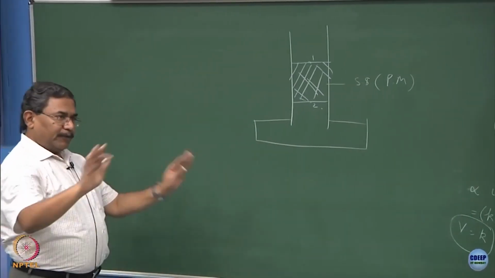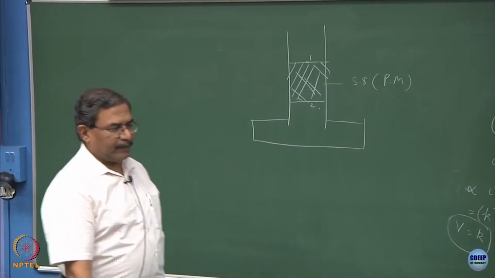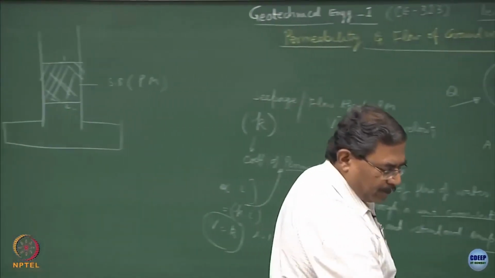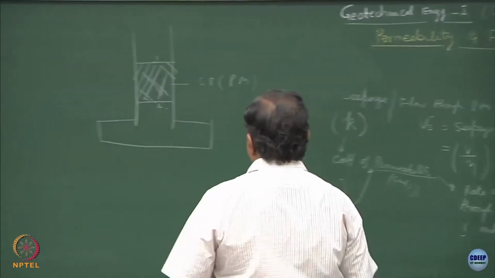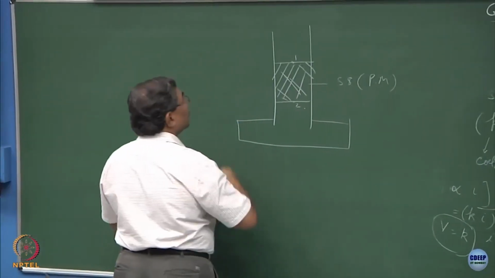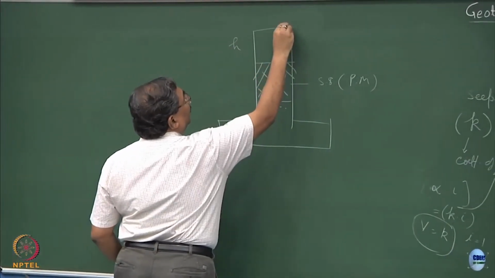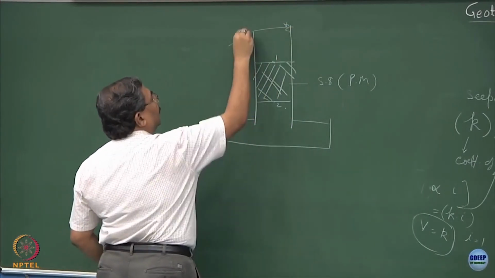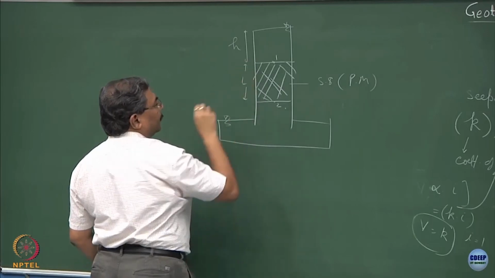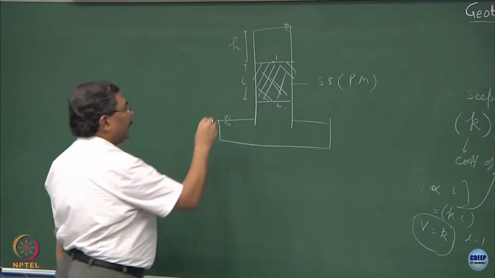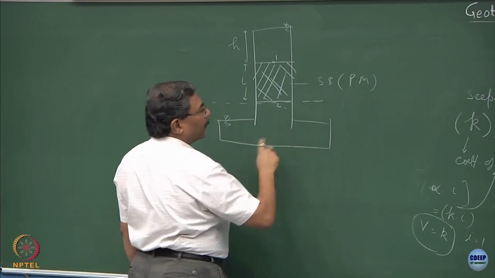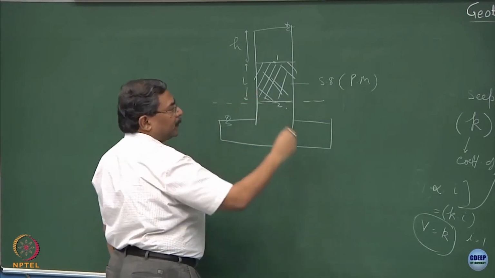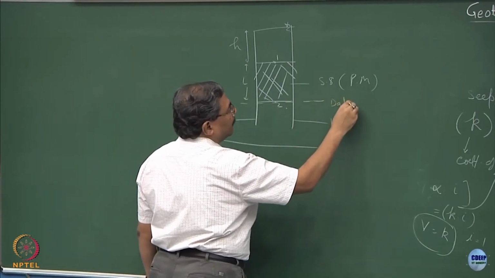Come out of all confusions, simplify things. This is H, the water level here, and the length of the sample is L. Shift the datum to this point, number 1, to get rid of all these confusions. So, this becomes my datum.